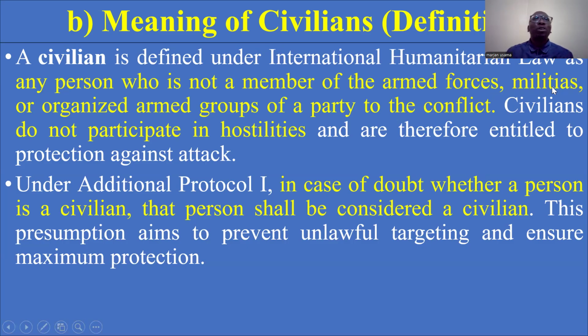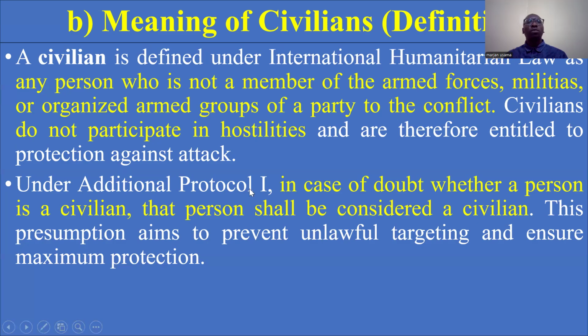Maybe you should not be a member of the Shabab, or an organized armed group of a party to the conflict, or any armed group. So civilians do not participate in hostilities and are therefore entitled to protection. Because they don't participate in the war, they are protected by the law.